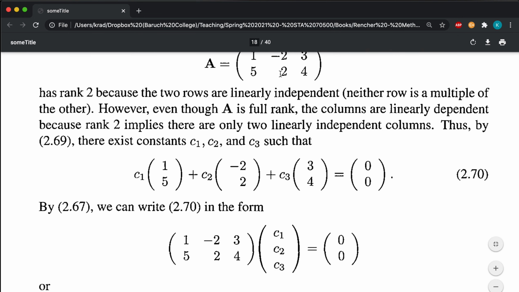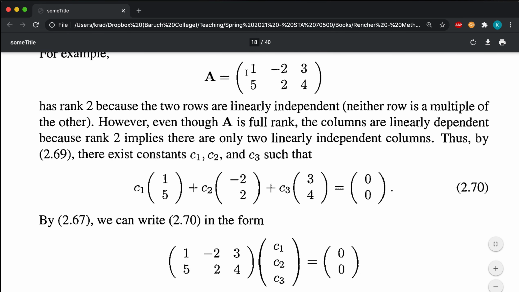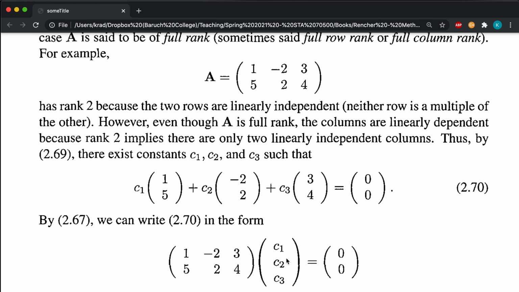So we have this matrix A, and then we have these three constants, and this is the same as this, because C1 will be multiplied by this column, C2 by this column, C3 by this column, and then you add them up and get 0, 0.